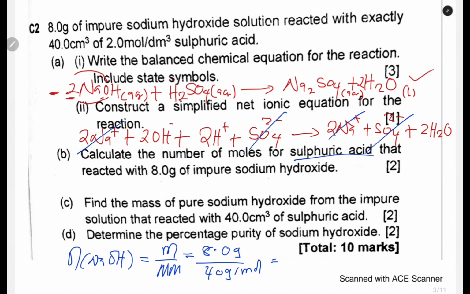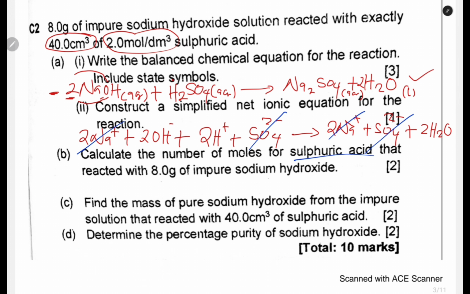Now, we need to go to the question and look at what information we are given on sulfuric acid. We are given the volume and the concentration. Therefore, in order to find the number of moles of sulfuric acid, we use the formula concentration multiplied by volume.